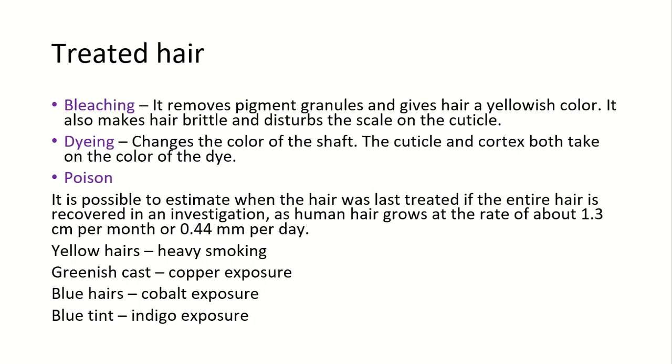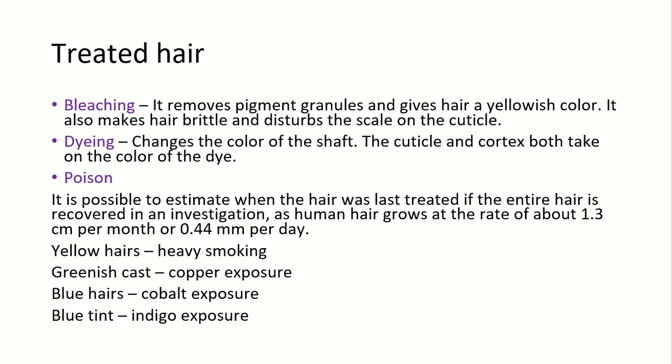Poison: it is possible to estimate when the hair was last treated if the entire hair is recovered in an investigation, as human hair grows at the rate of about 1.3 cm per month or 0.44 millimeter per day.